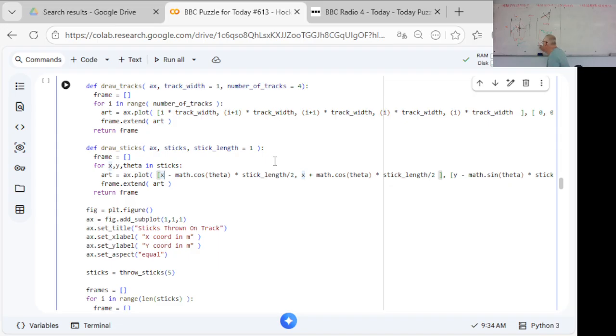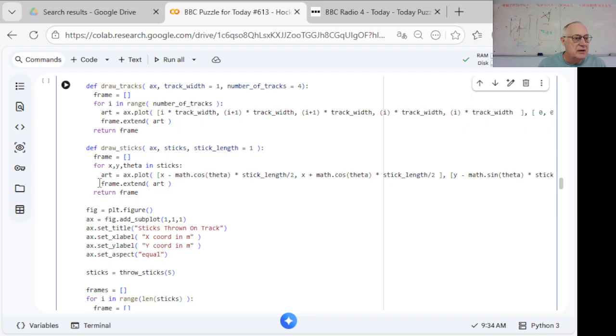So now I also want to draw the other half of the stick. So that's why we get plus cos theta multiplied by stick length over 2 and minus cos theta multiplied by stick length over 2, and the negative sign and sine.